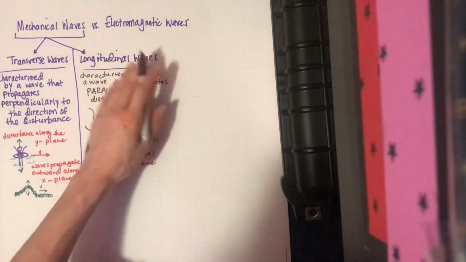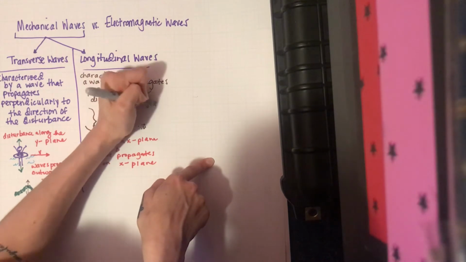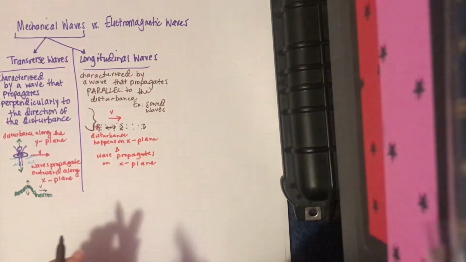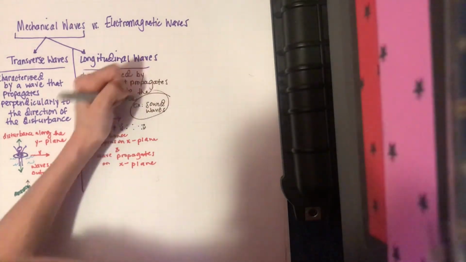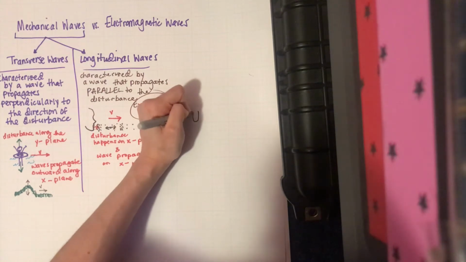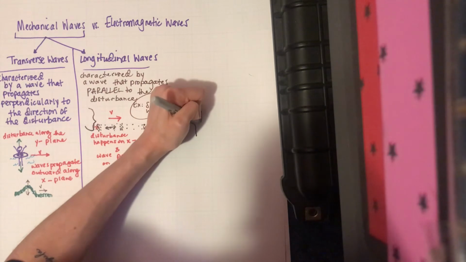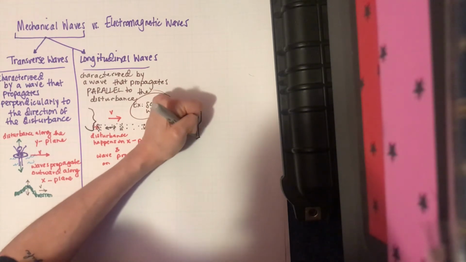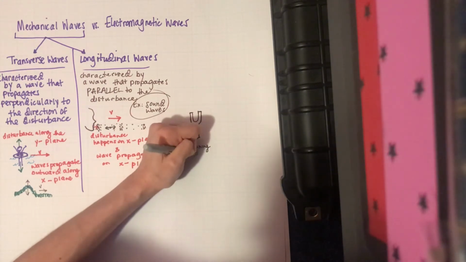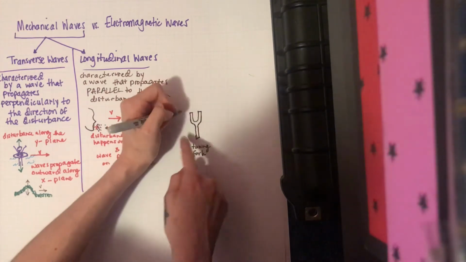Okay, so an example of longitudinal waves are sound waves. I want to just take a moment to talk about sound waves a little bit more. So let's say we have a tuning fork. I just want to label these regions of high pressure and low pressure. And let's say we strike this tuning fork.